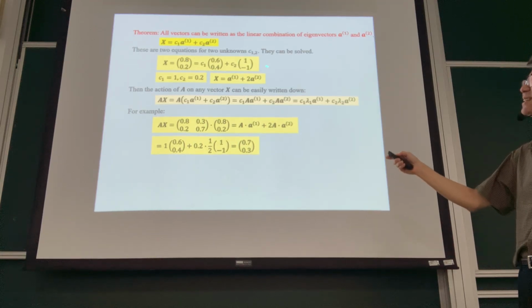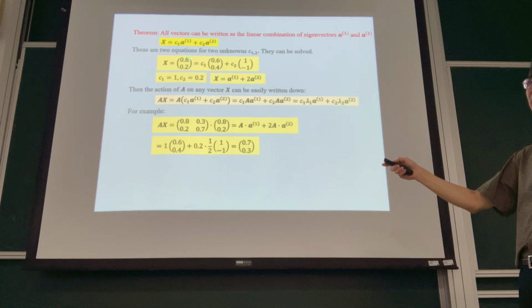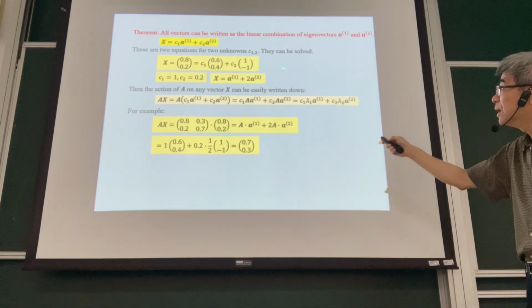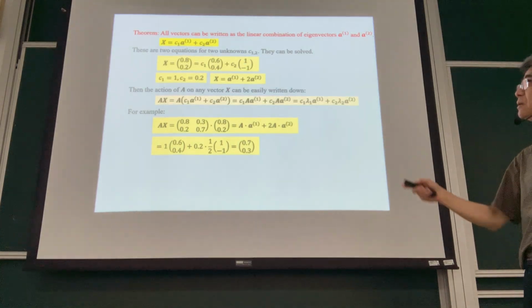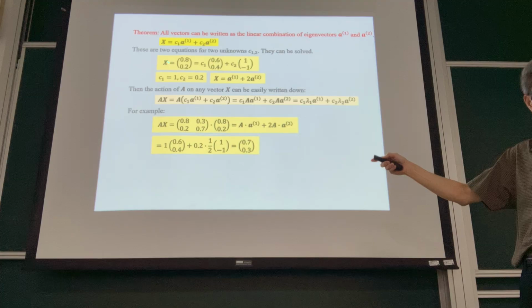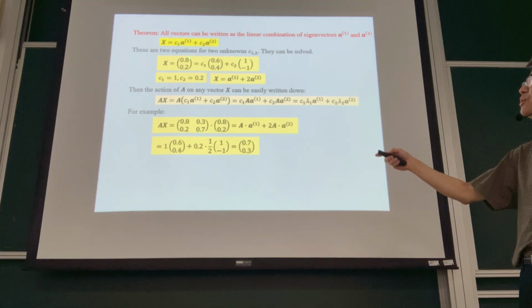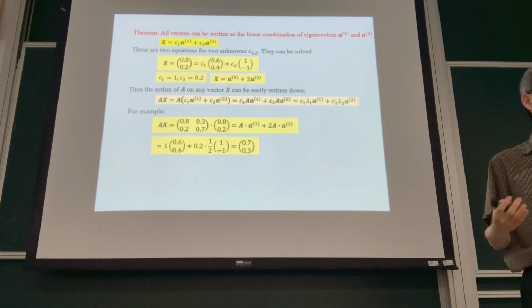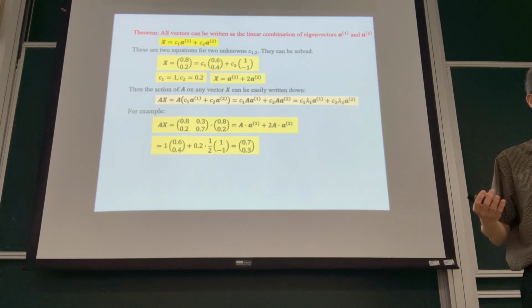Because this equation means 0.8 is equal to C1 times 0.6 plus C2 times 1. The upper elements must be the same. Then lower elements must also be the same. So 0.2 must be equal to C1 times 0.4 plus C2 times minus 1. So it's a system of algebraic equations.